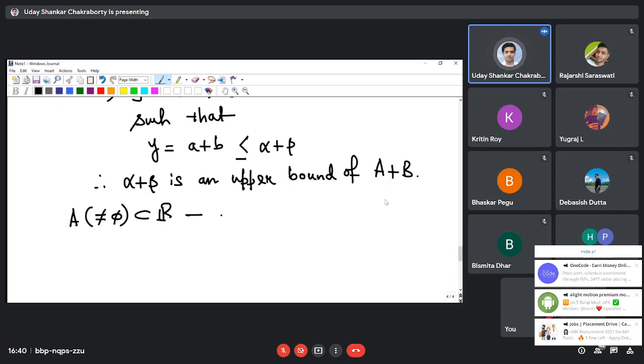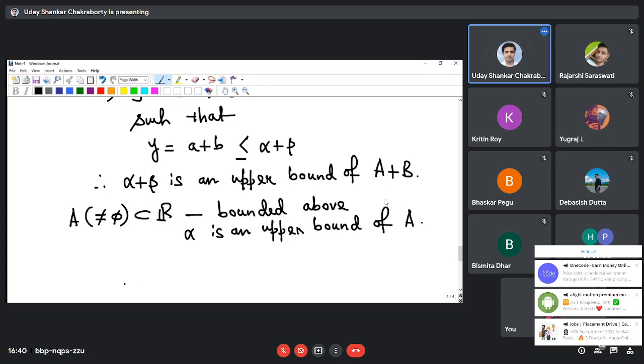And this is bounded above. Suppose alpha is an upper bound. This is also given to us. Upper bound of A. Now C is a real number.